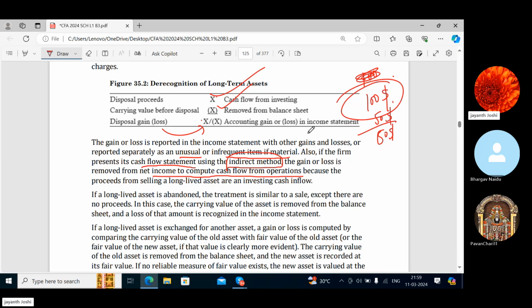I understand you may have an idea or not. What I'm trying to explain is, while you do the cash flow statements using the indirect method, you start with net profit, convert that to operating profit, and from operating profit convert that into operating cash flows.